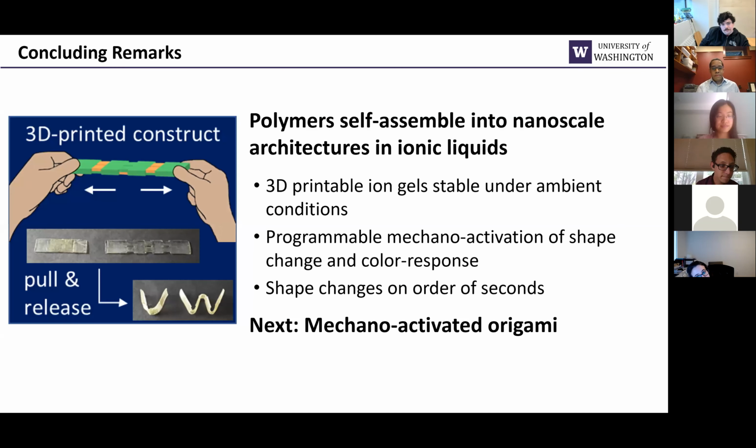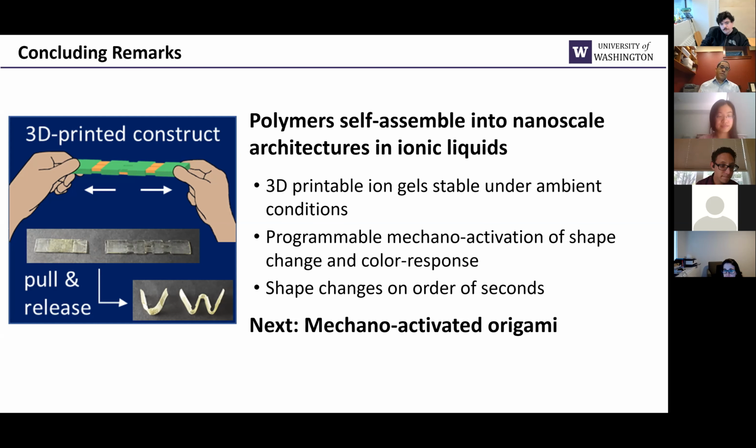So just briefly, what I've shown is that we have these polymers that will self-assemble on the nanoscale to create these architectures in ionic liquids, which enables these gels, and that we can print these gels. We're really interested in using multi-material printing now to control how these gels can be used to create objects that can change shape upon mechanoactivation.